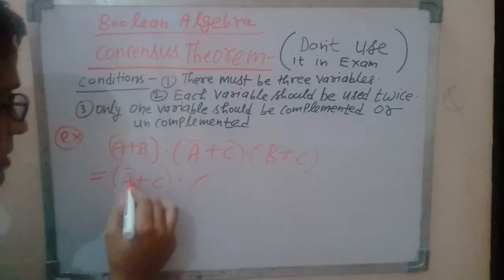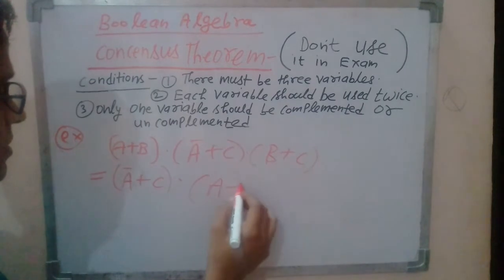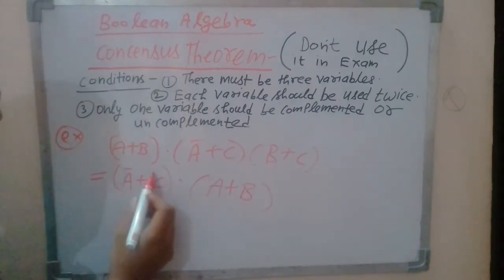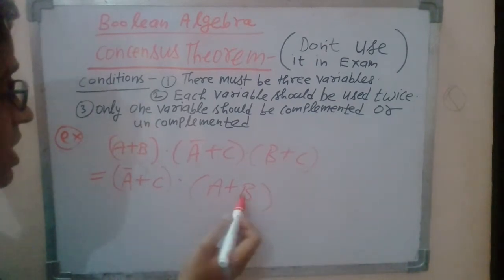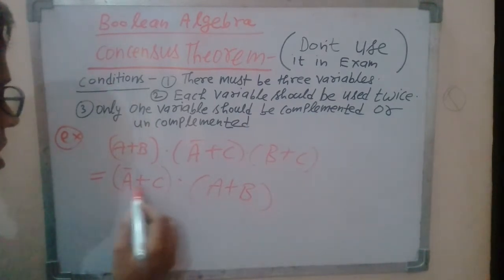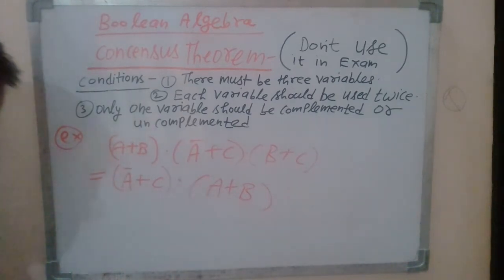Related term of A bar plus C is A plus B and not B plus C, because A is coming here also. So A bar plus C dot A plus B is the answer, right?